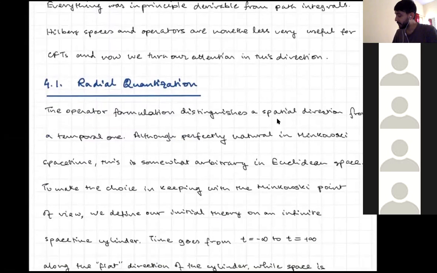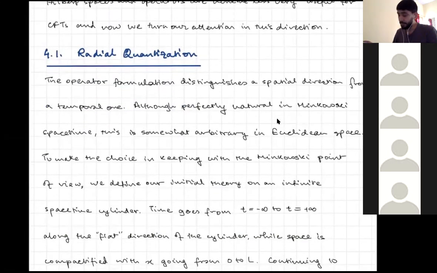And for that, when we want to speak about some sort of operator formulation, we need to distinguish a time direction. In usual Lorentzian spacetimes, that's always going to be there because the time direction comes with a minus sign in the metric. But when we're looking at Euclidean spacetimes, it's not very apparent what exactly one should do.